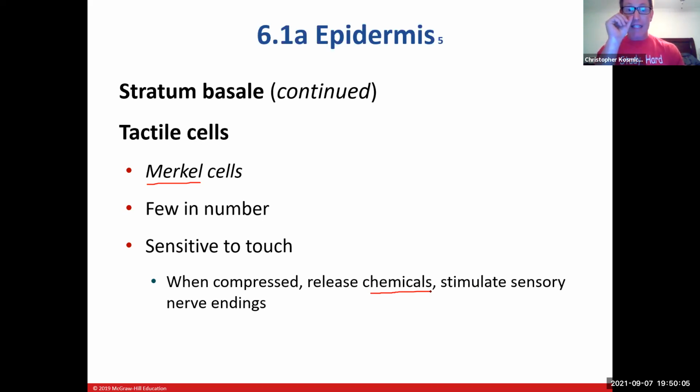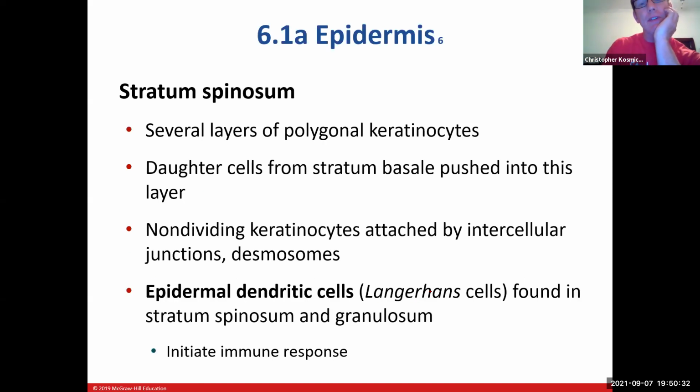And these chemicals will stimulate those nerve endings. And then those receptors will transmit sensory information on their sensory neurons to your nervous system. And then therefore you will realize, oh, I'm touching something or something's touching me. Those are the tactile or Merkel cells. So those are the three cell types that you will find in the stratum basale.